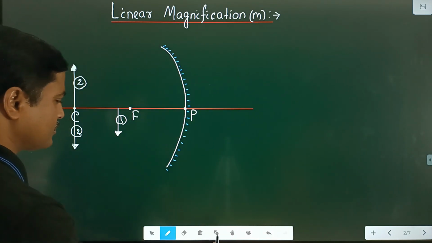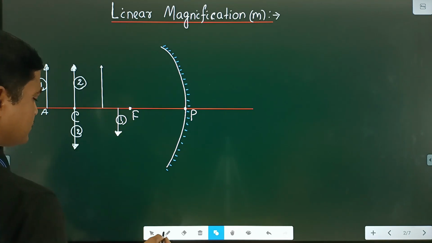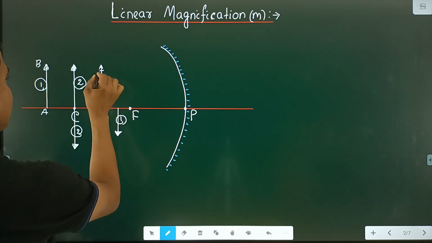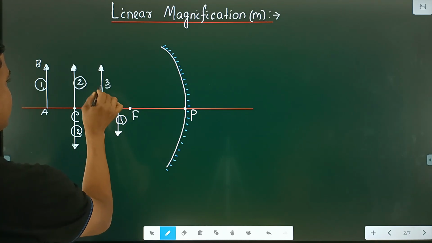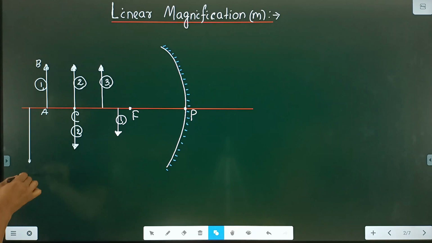And in the third case, suppose the object is placed between the center of curvature and focus, then the image is formed beyond the center of curvature and a large size image is formed. A large size or magnified image is formed.